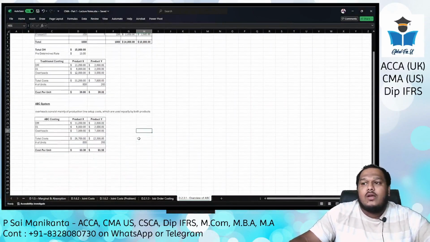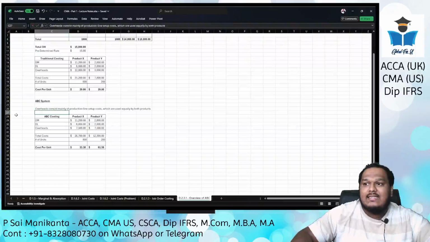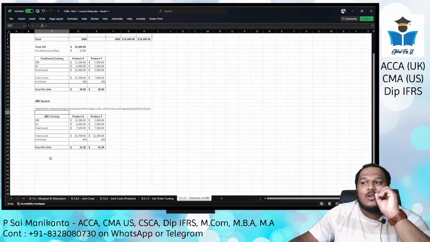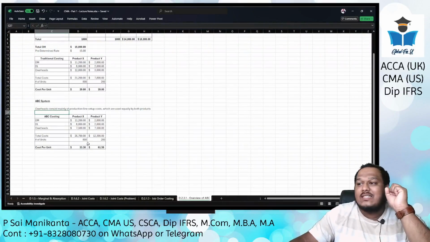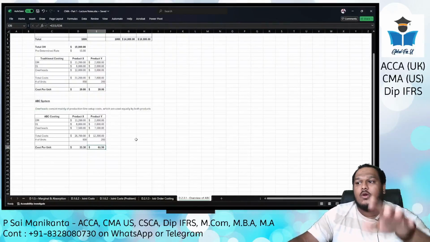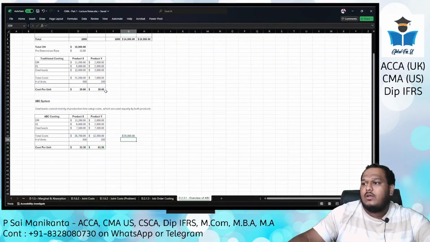So now you can see. Okay. So if we allocate the overheads slightly differently, instead of based on number of hours, we divided that total cost equally between the two products. The cost per unit for product Y has changed a lot. Okay, so now just to ensure that the total costs are still the same, 39,000 and 39,000.